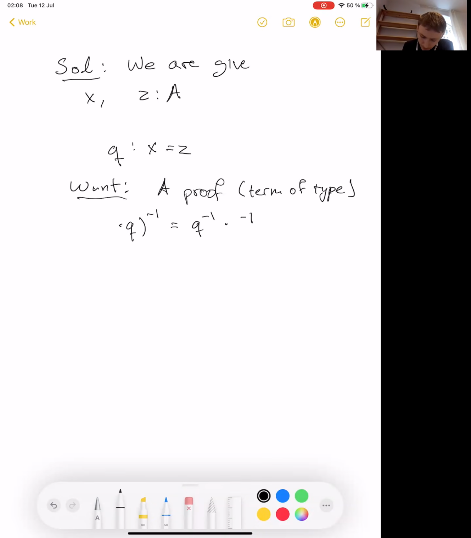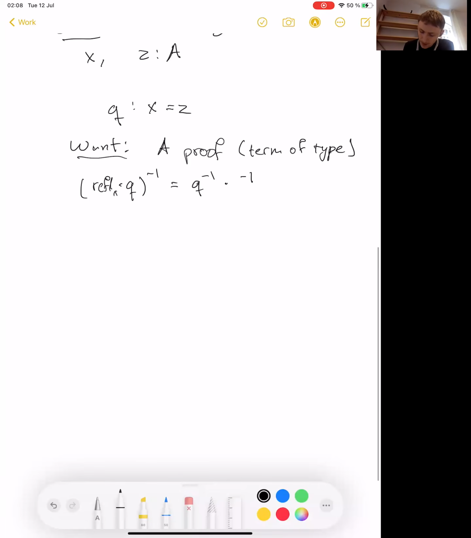So now we just want to prove that REFL composed with Q inverse is equal to Q inverse composed with REFL inverse.